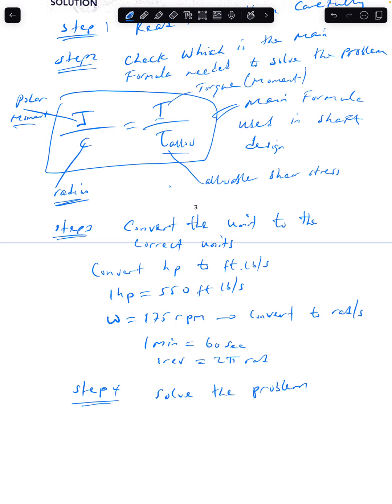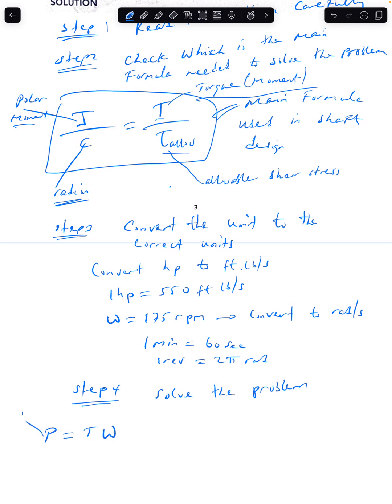Remember, what am I solving? I need to get the torque. How do I get the torque? The torque is not given in the problem, but I am given the power in horsepower, and therefore I can remember that power equal to torque times angular velocity.